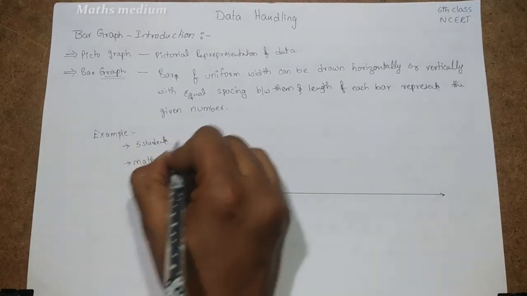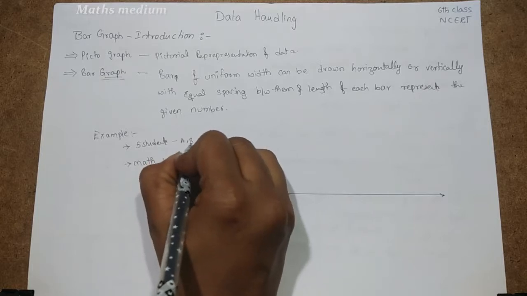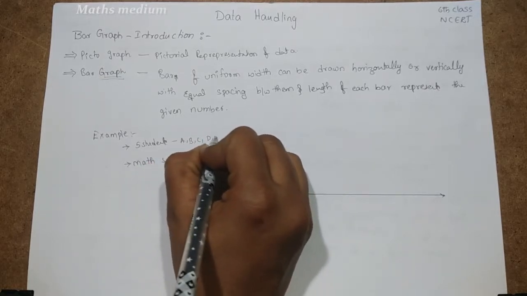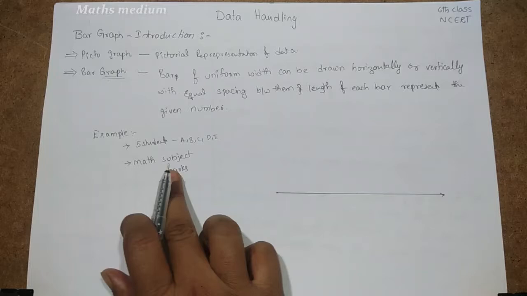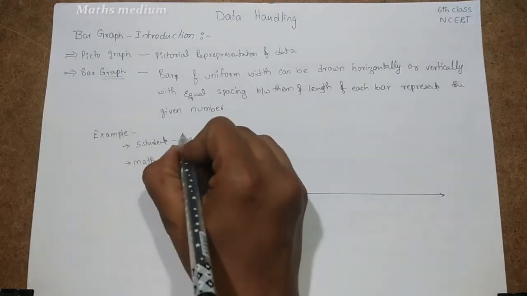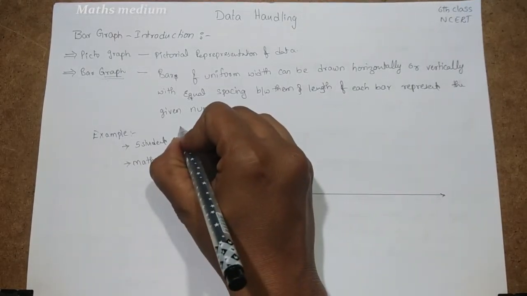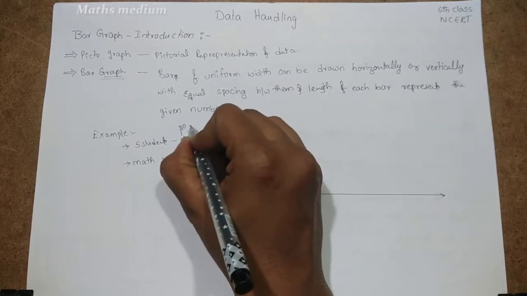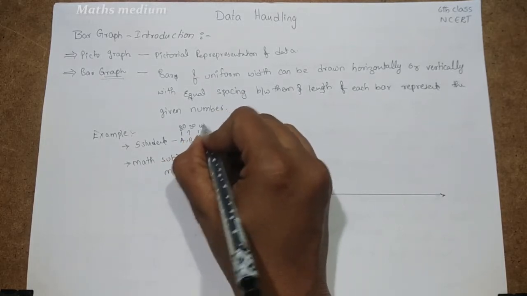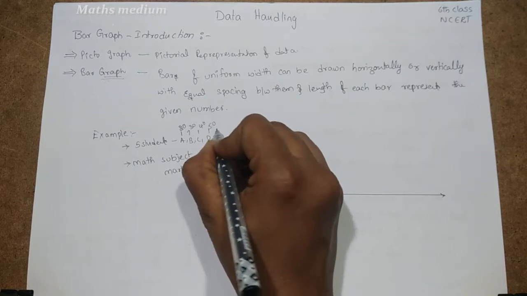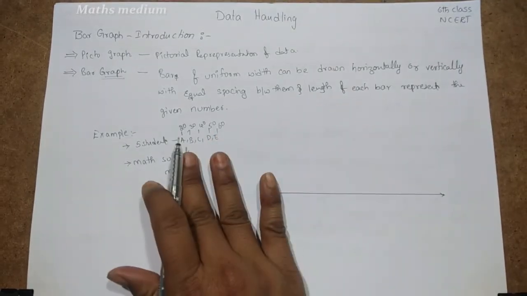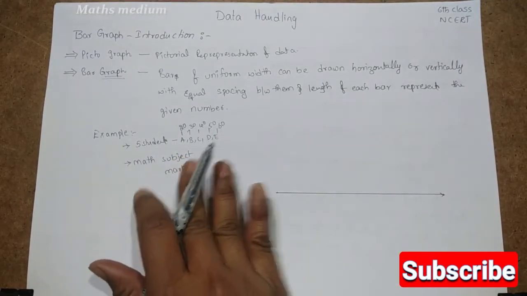The number of students is 5, let them be A, B, C, D, E. How are we going to represent the math subject marks? For example, A has 20, B has 30, C has 40, D has 50, and finally E has 60. Then how do we represent this given data in the form of a bar graph?